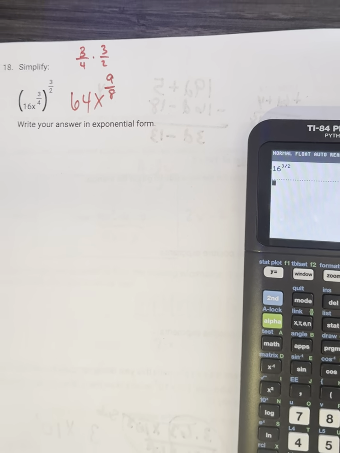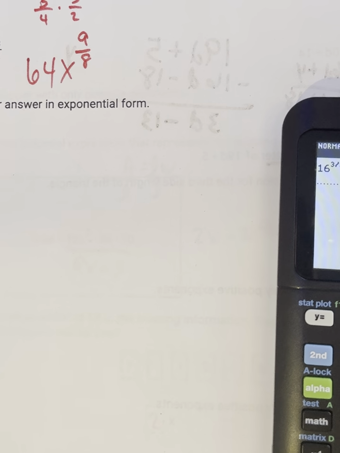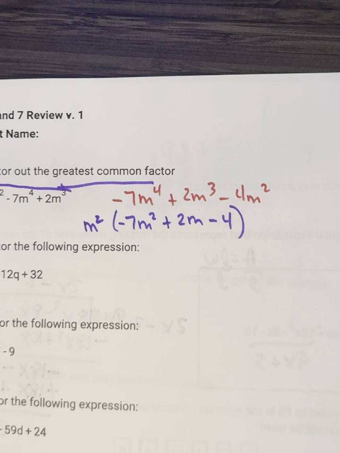And if what you ended up with is reducible, you need to reduce. So you end up with 64x to the 9/8. Okay, so that's what we did yesterday.